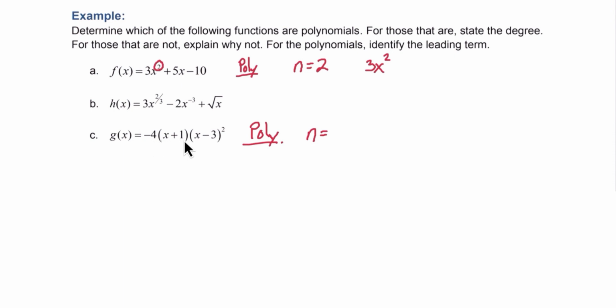Looking at this factor occurs one time. And then this second factor occurs 2 times. So we have 1, 2, 3 for a total degree of 3. And then the leading term, if we distributed this all the way out, -4 is out front, then we would have -4x cubed. So -4x cubed is the leading term.